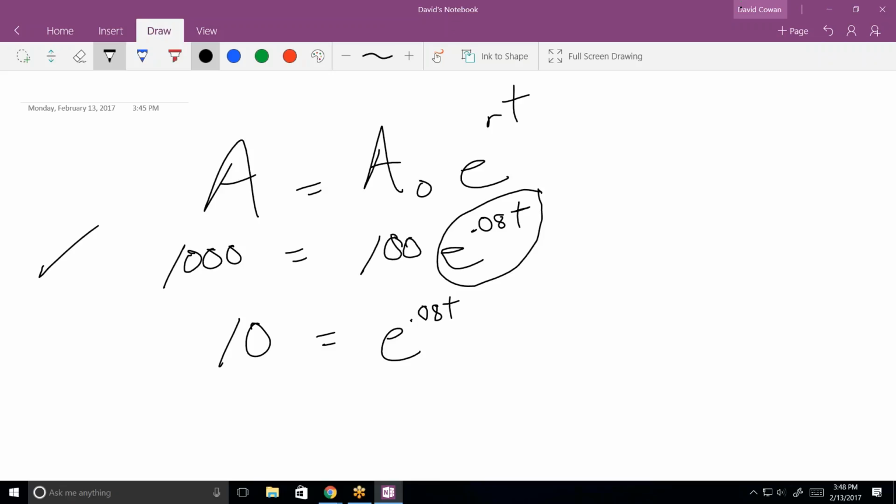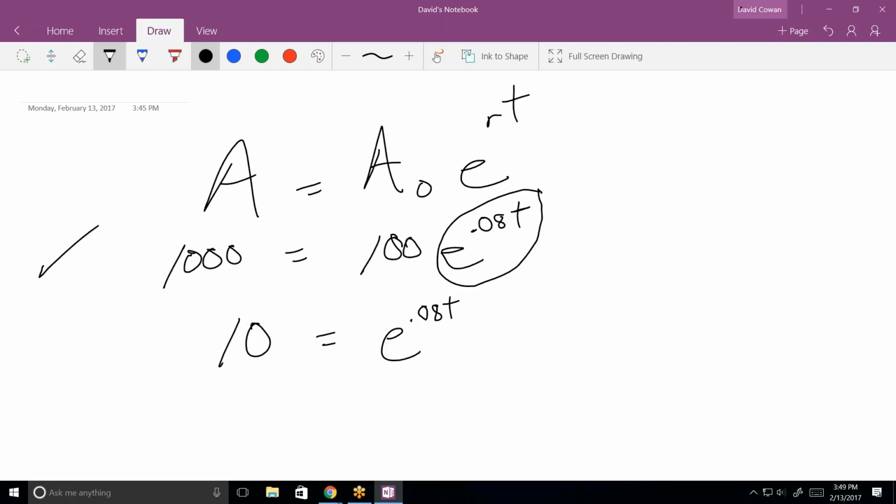Just like in any algebraic equation, you can do whatever you want to the left as long as you do it to the right. And I mean whatever. You can square it, square root it, fifth root it. You can take a derivative, you can take an integral. You can do any mathematical process you want as long as you do it to both sides.